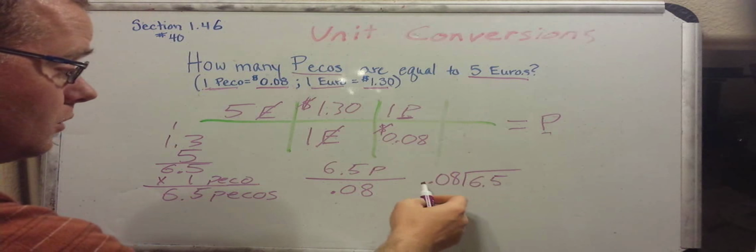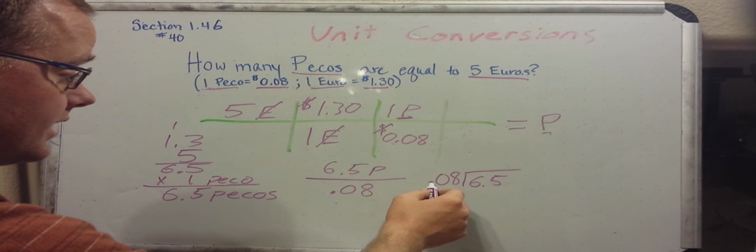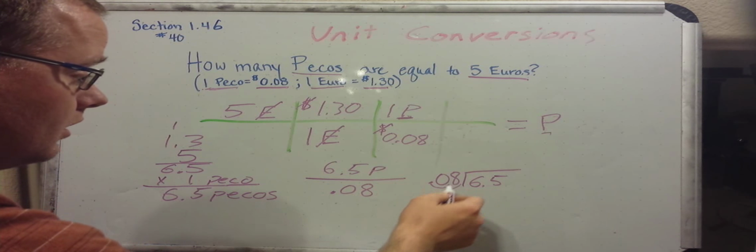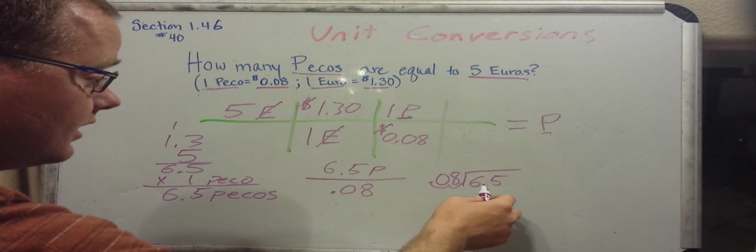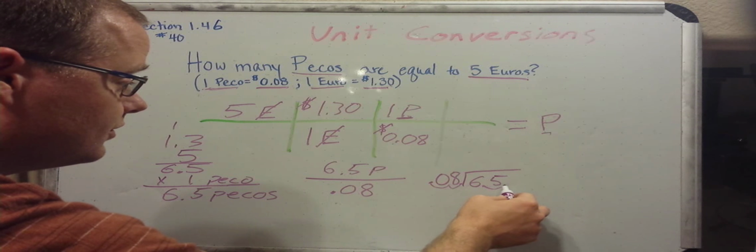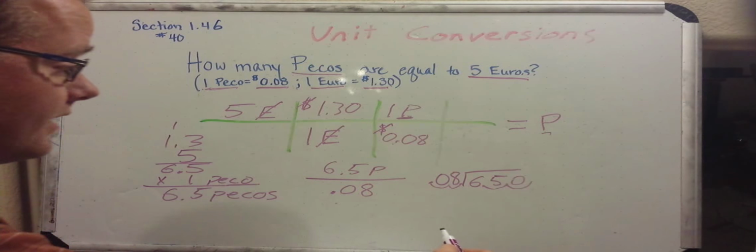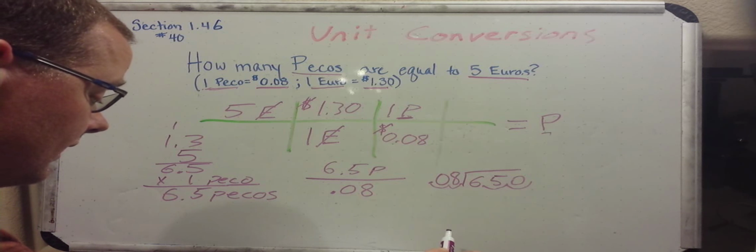Now if we remember, with decimals, when we're dividing, we need to get rid of the decimal. So we're going to take the decimal, move it over 2 place values here, and we have to do the same thing here. So 6.5 goes to 650. So now we'll solve for this.